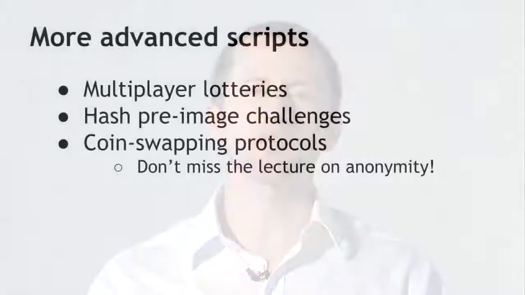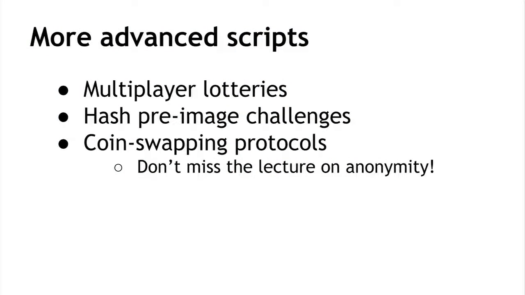There are escrows in case people cheat, but you can actually run a fair multi-party lottery over Bitcoin using just the scripting language, which is really neat. There are other things, like you can pay someone if they know the pre-image of a hash, so you can try to pay somebody to do some brute force work for you. And there are a couple of neat protocols for different people to get their coins together and mix them so that it's harder to trace who owns which coin. And we'll talk about that a lot more in our lecture on anonymity.